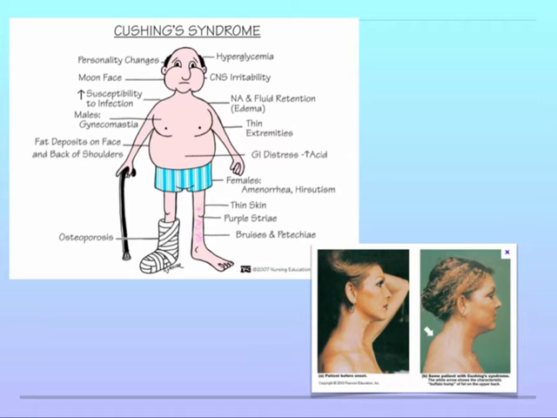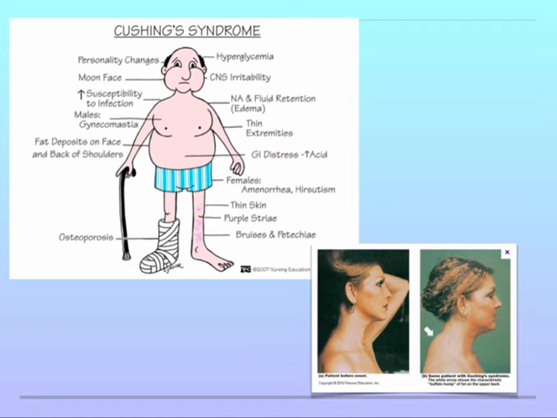So sometimes these patients will have issues with being on steroids for a long period of time. A lot of these symptoms are very similar to Cushing syndrome because they have the same underlying cause of having high levels of steroids in them. Like I mentioned, they can have some mood changes and hyperglycemia. Sometimes you'll hear it referred to as moon face, and that's basically their face will round out, and it's just more round and full.